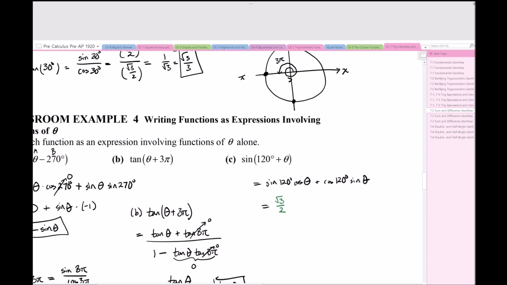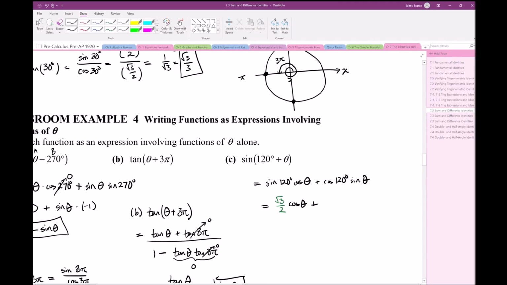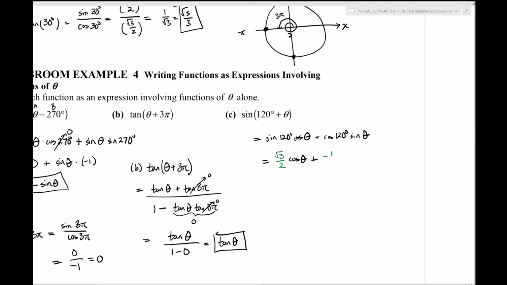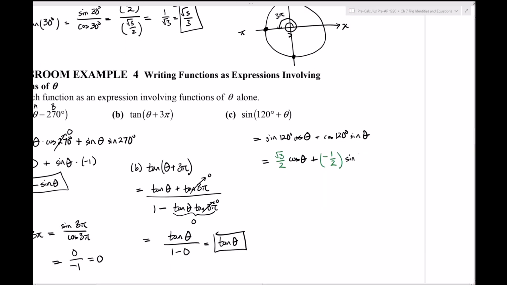So sine, positive square root of 3 over 2, times cosine theta, plus this was -1/2, and sine theta stays as is because theta is a variable. So sine theta. Then we simplify, which I don't think I can. Square root of 3 over 2 cosine theta.